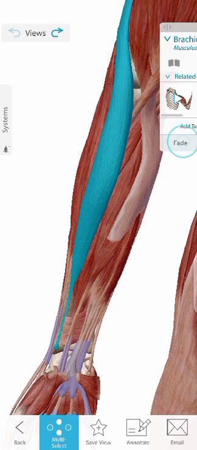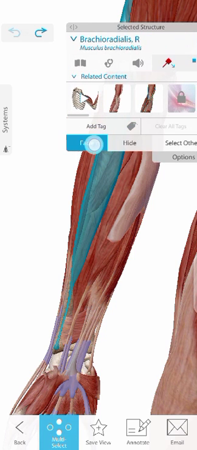Okay. And then when I fade it out, you can see another muscle deep to it. That muscle we say is deep to this muscle, because this muscle is superficial, that is under the skin, and then under this muscle we have another muscle, and that muscle is the deep muscle.